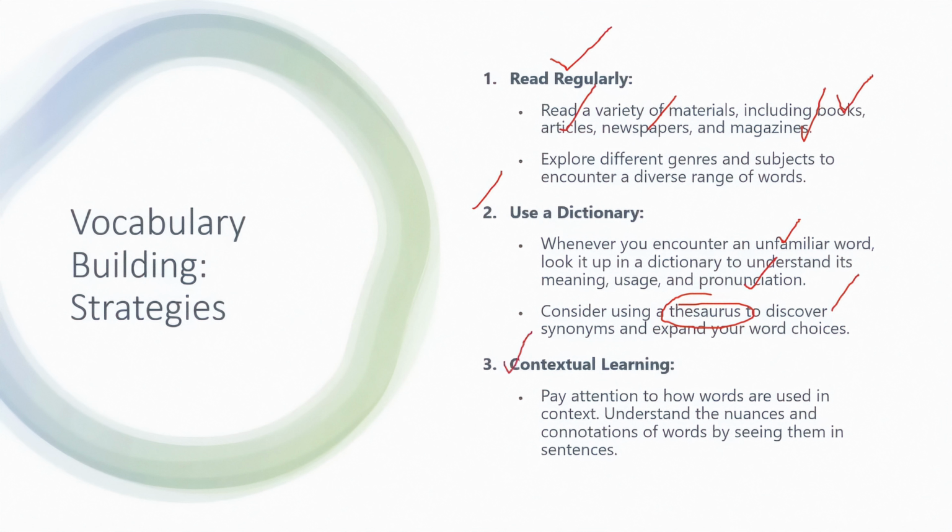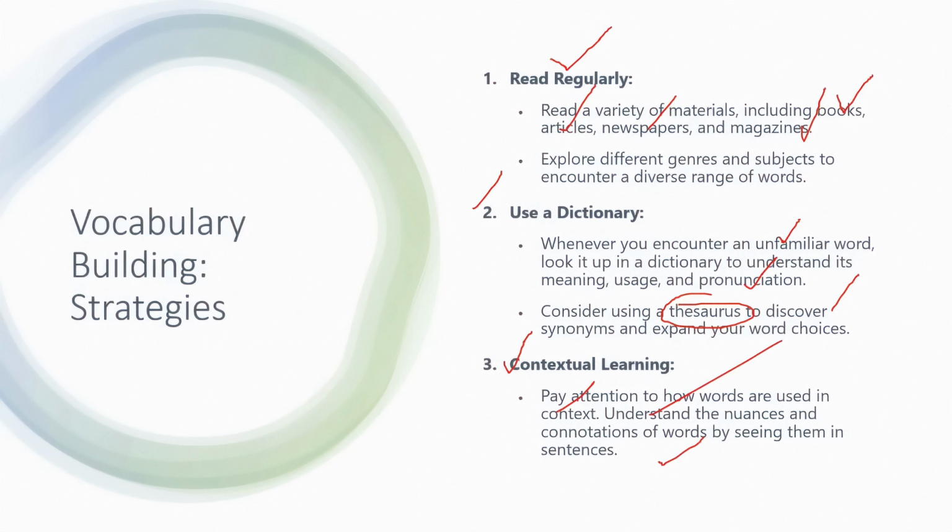Contextual learning. The third one is contextual learning. Pay attention to how words are used in context. Understand the nuance and connotations of words by seeing them in sentences. There are contextual meanings and there are dictionary meanings.